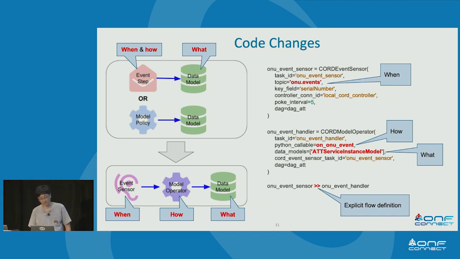Using these, workflow implementation becomes clear, so it's easy to follow the execution flow. Both humans and machines can easily understand the connection between the tasks and the connection between the workflows in a system. So that's the benefit.